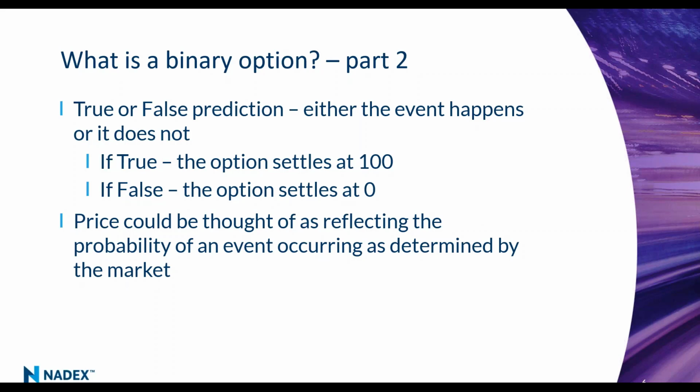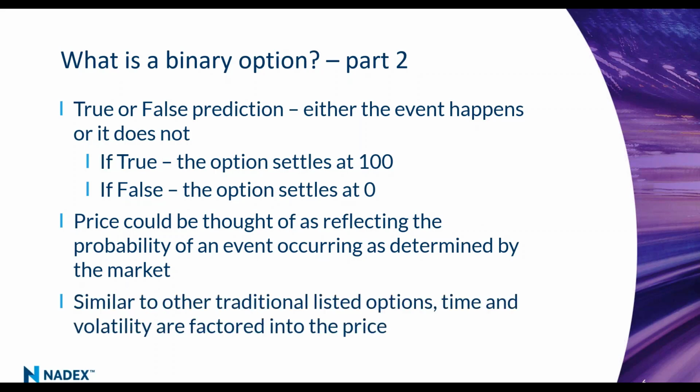So when you look at the price of a binary, it really is useful to think of it as your prediction. Is this event going to happen, yes or no? And what's the probability of that event occurring? Now, it is also important to note that just like other traditional options, and people ask this all the time, volatility factors into the probability of that event occurring.